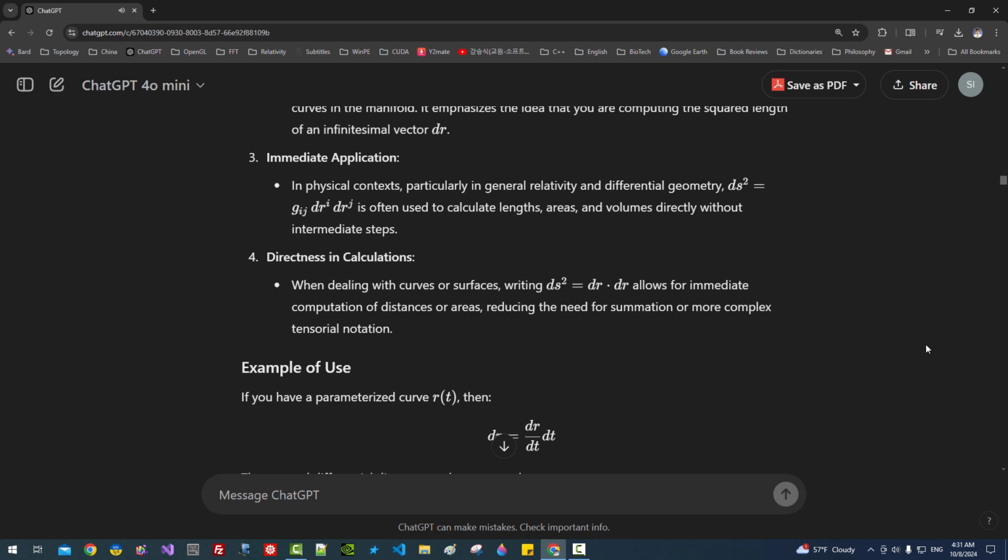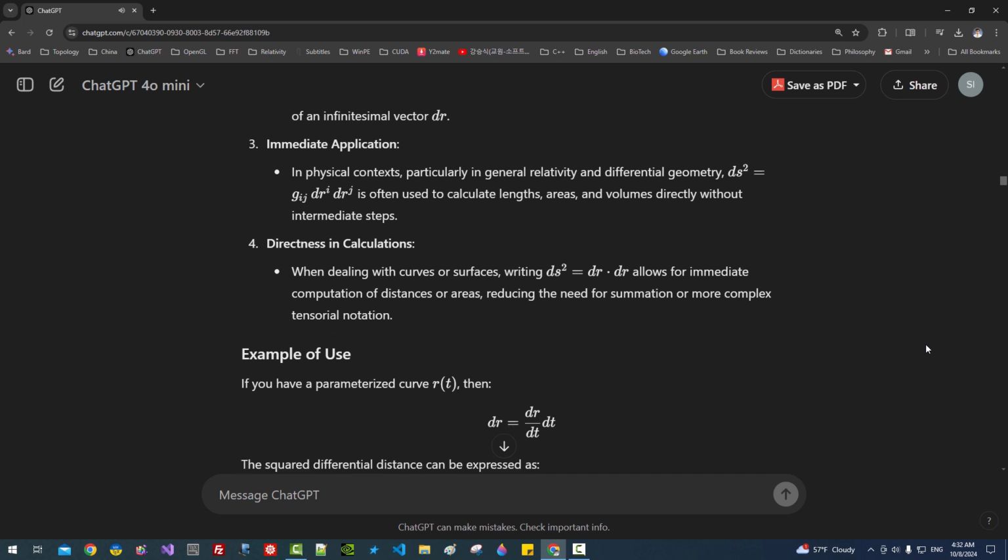In physical contexts, particularly in general relativity and differential geometry, ds^2 equals g_ij dr^i dr^j is often used to calculate lengths, areas, and volumes directly without intermediate steps. 4. Directness in calculations. When dealing with curves or surfaces, writing ds^2 equals dr.dr allows for immediate computation of distances or areas, reducing the need for summation or more complex tensorial notation.